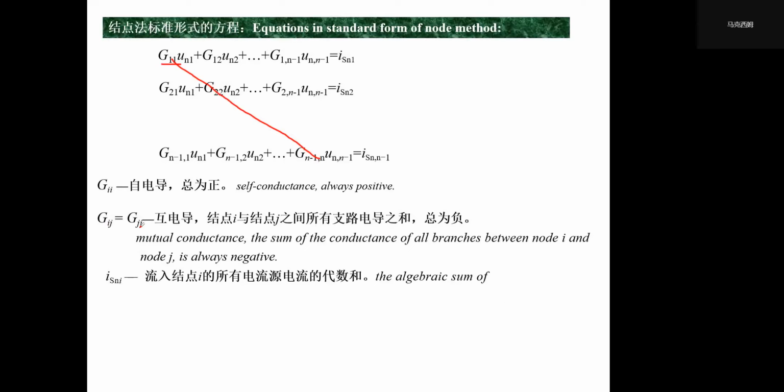And ISNi equals all the currents from the current sources that flow into node i combined. If the current source current flows into node i, we give it a positive sign. And if the current source current flows out of node i, we give it a negative sign.